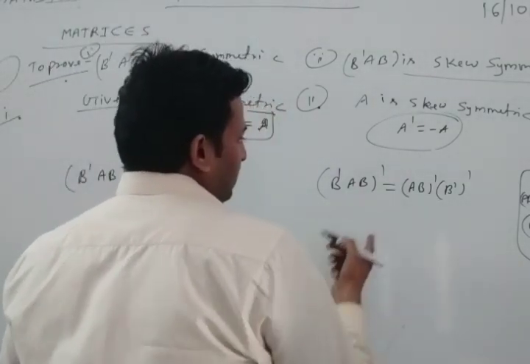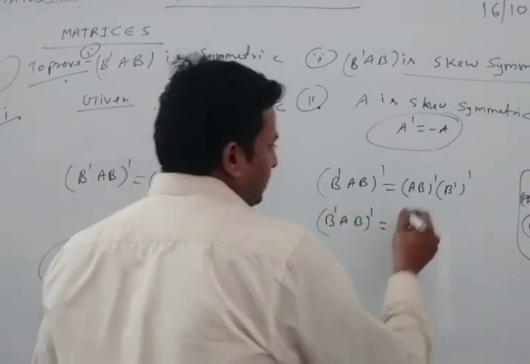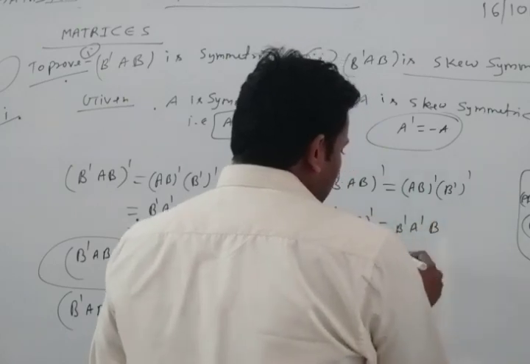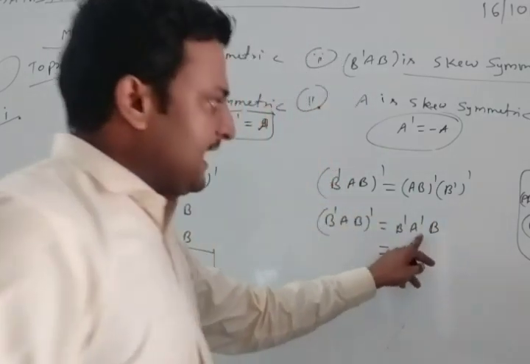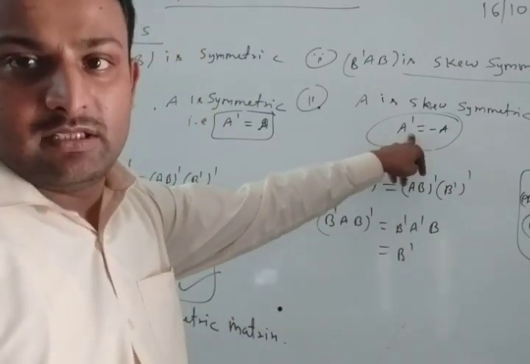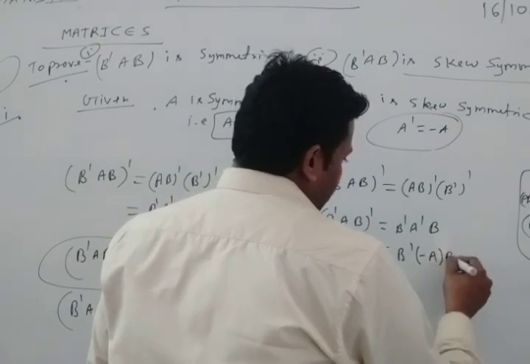So B dash AB whole dash is equal to B dash A dash B, and A dash is given as minus A. So we write B dash, minus A, and B.